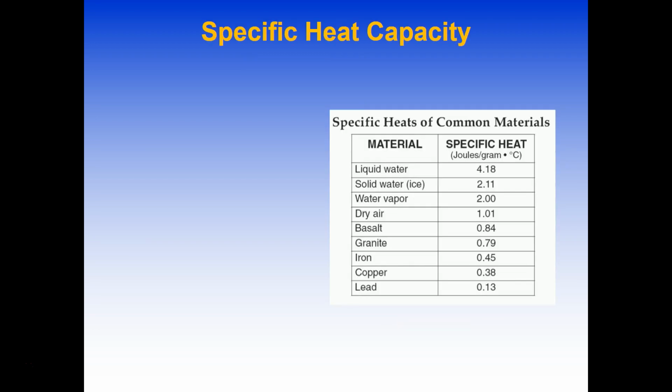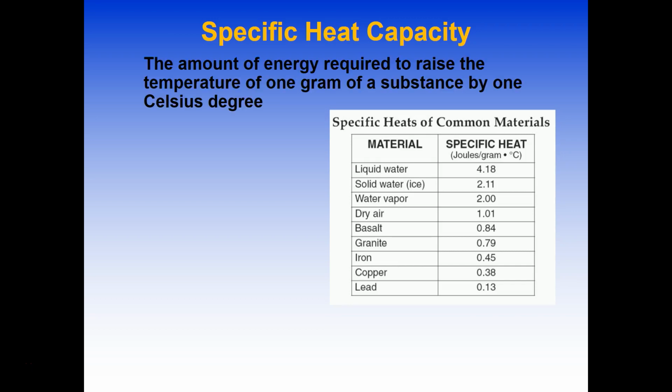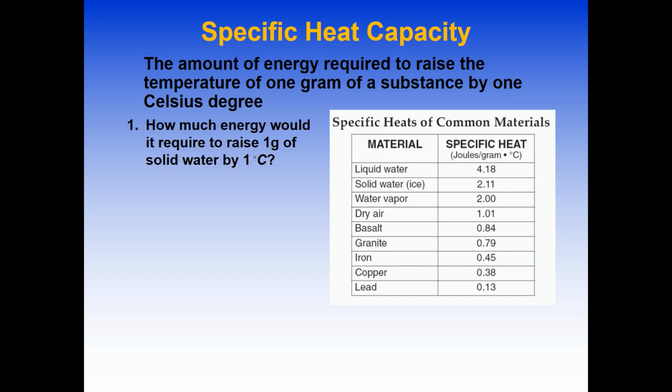So this brings us to something new for you in chemistry, and that's called specific heat capacity. Specific heat capacity is the amount of energy required to raise the temperature of 1 gram of a substance by 1 Celsius degree.